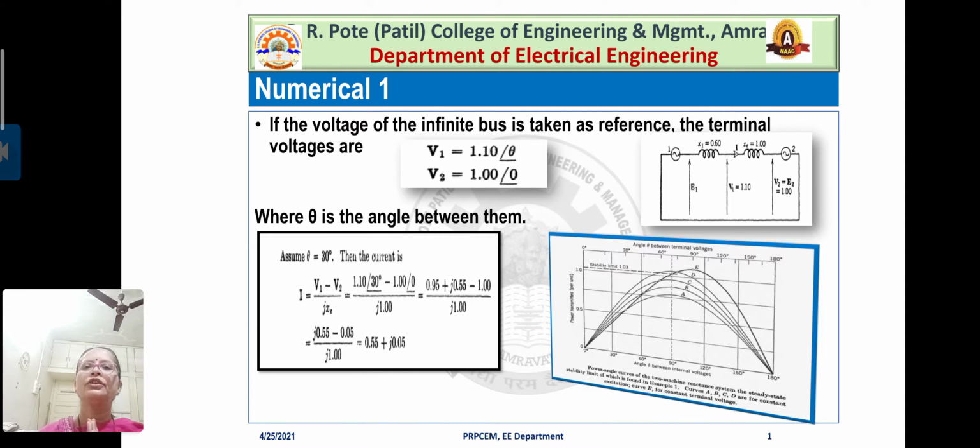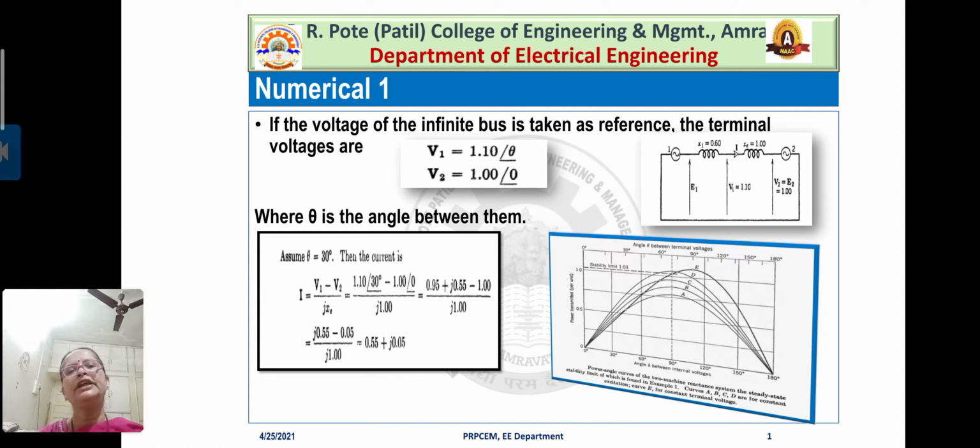Right? So what we have done is assume theta is equal to 30 degrees. From the uppermost circuit diagram, you can now find the value of I. It can be found as (V1 minus V2) by jXe. Substituting all those values, V1 will be 1.10 at an angle 30 minus 1 at an angle 0, upon j1, since Xe is 1.